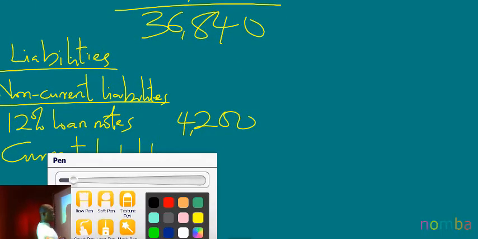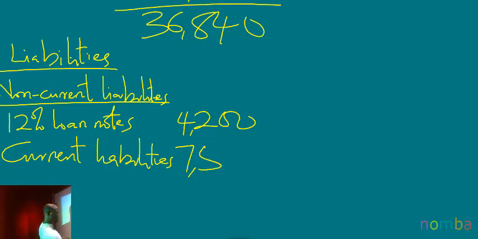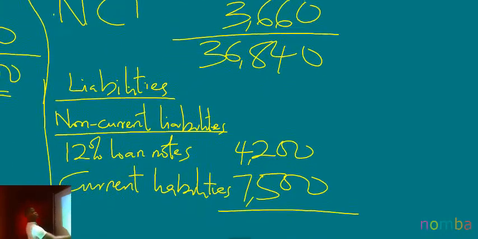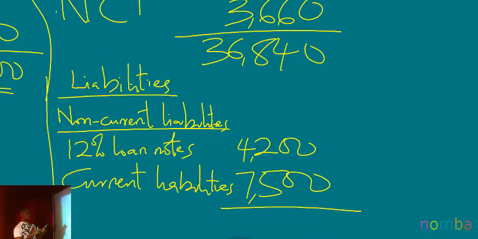So I'll transfer 7,500 to the statement of financial position. So let me add these three items together, which is the total equity of 36,840. I will add my 4,200 and I will add 7,500.